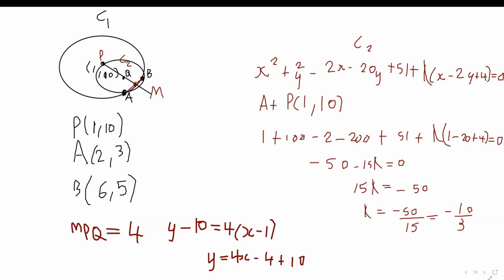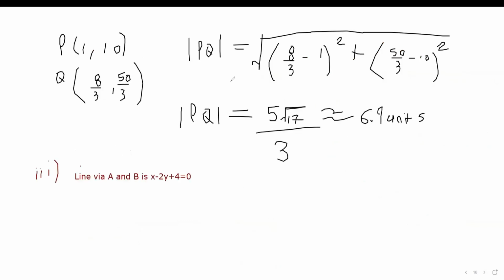So the line through P, M, and Q is, what was that again? y equals 4x plus 6.